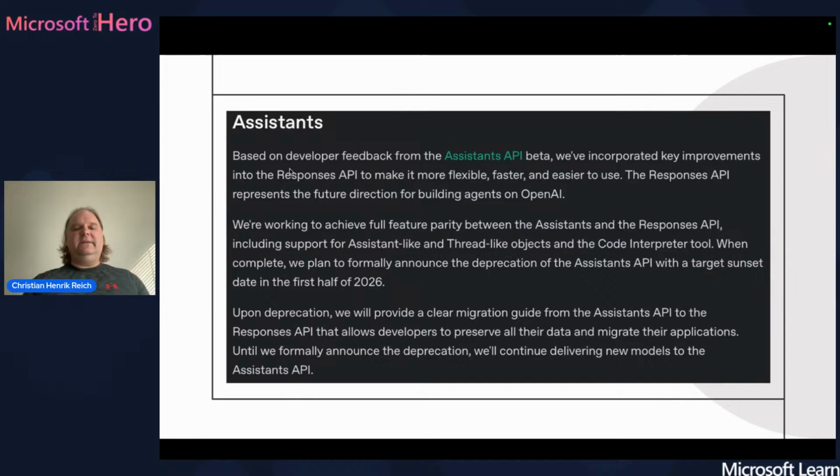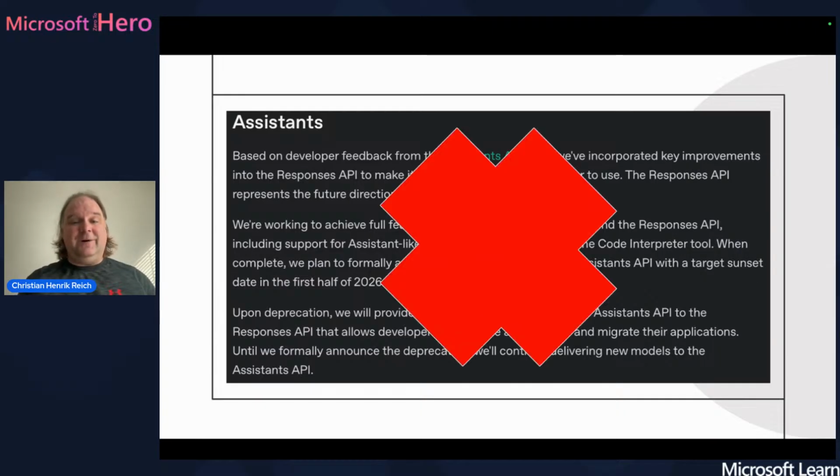As you can see here, they're saying this is obsolete in the first half of 2026. And I thought, well, why show something which is already obsolete? But it's even more obsolete. Every documentation on this now doesn't have anything about assistants, but now they are showing how we can use AI Foundry to build our agents.